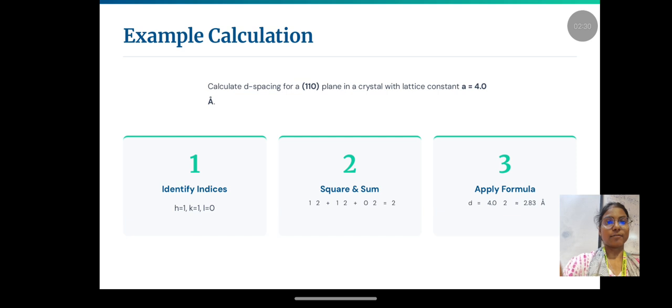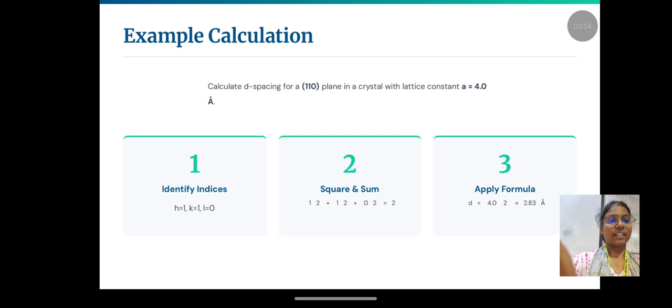Calculate the d spacing for the 110 plane in a crystal with lattice constant a equal to 4.0. First, we identify the indices: h is equal to 1, k is equal to 1 and l is equal to 0. Second, square and sum: 1 squared plus 1 squared plus 0 squared is equal to 2.